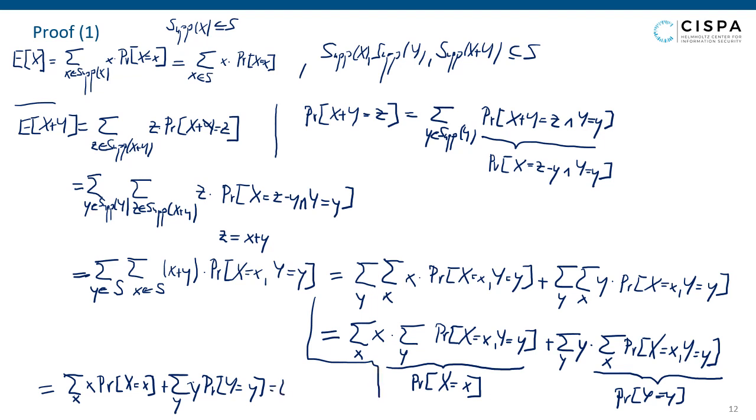And this is just the expectation of X plus the expectation of Y. So a little bit tedious, but in the end it boiled down to applying the law of total probability three times.